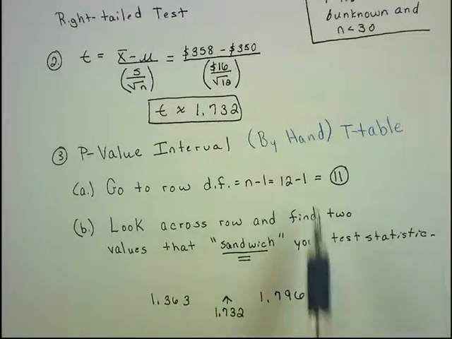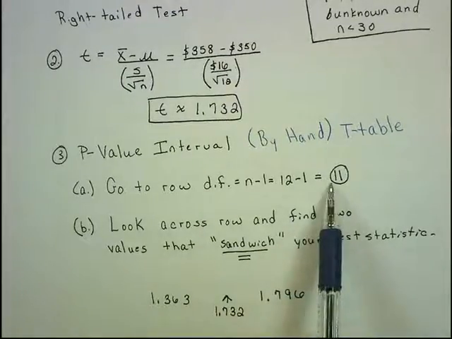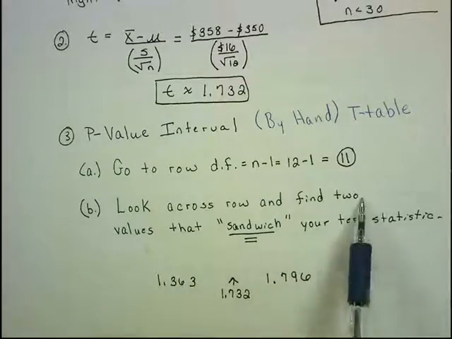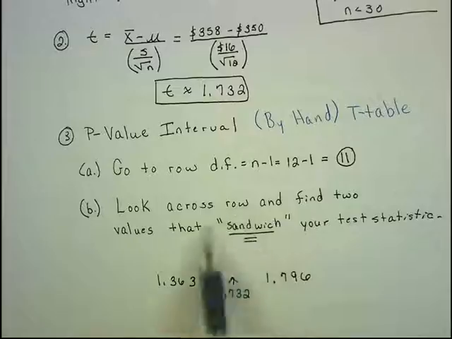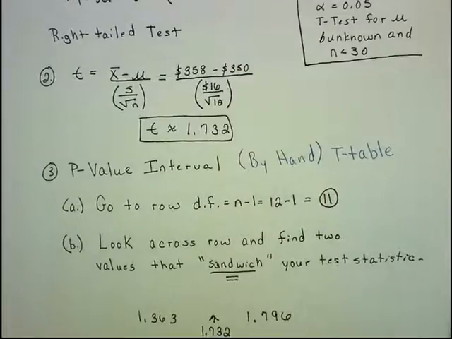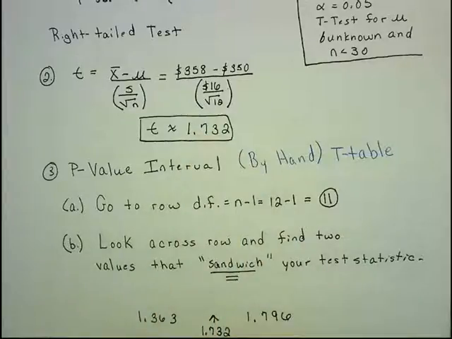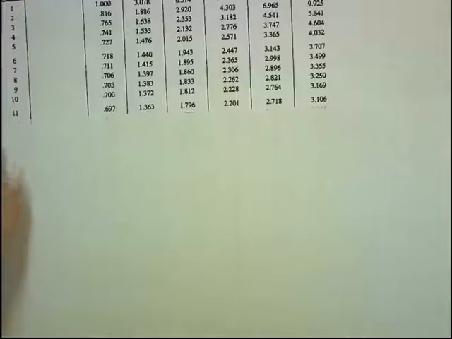Go to row 11 and isolate it. So sample size minus 1. And then you look across the row and find two values that encompass or sandwich your test statistic of 1.732. So let me show you the process. Here's our test statistic. It is right-tailed. So go to your t-table and block off row 11.